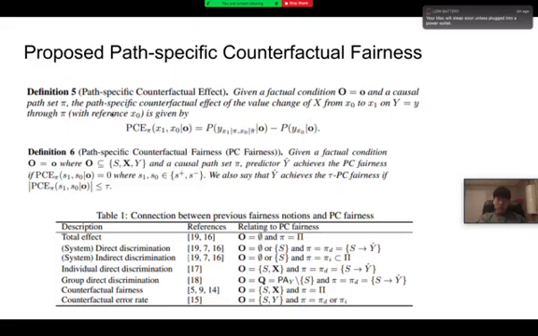And path-specific counterfactual fairness is saying that when it achieves PCFairness, this value has to be 0. And we also say that we achieve tau PCFairness if the absolute of this value is less than or equal to tau.